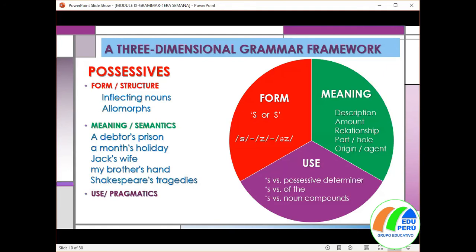When we make compound nouns, we join two nouns. Similar to this one, we are joining two nouns: debtor, prison, two nouns; month, holiday, two nouns; Jack, wife, two nouns. So we sometimes get confused with compound nouns. All right, so notice this is one of the structures.